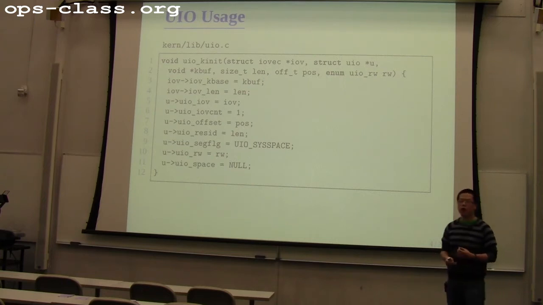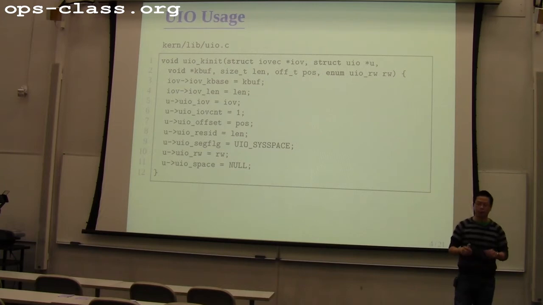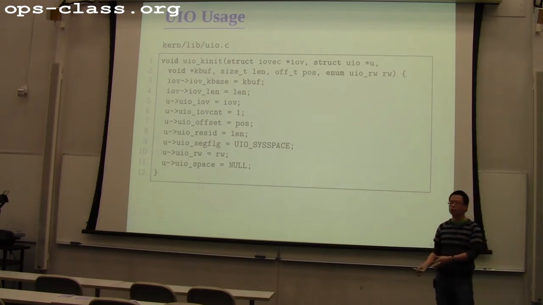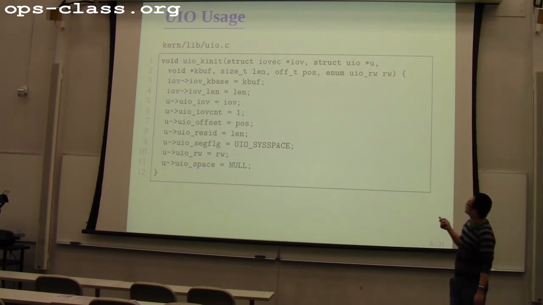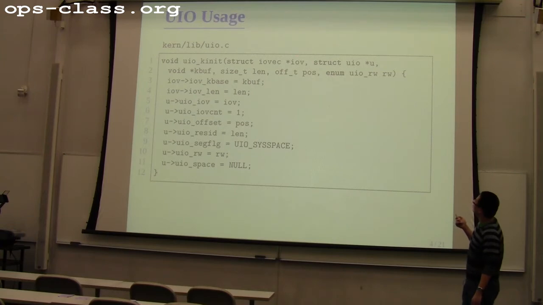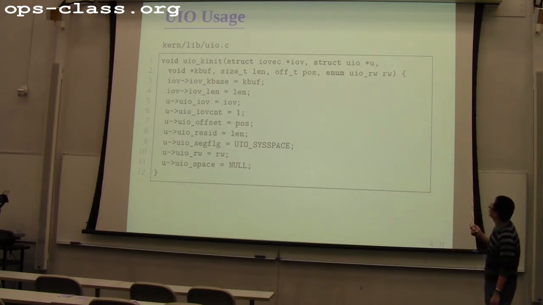By kernel space I/O, I mean from kernel space buffer in memory to disk, or from disk to kernel space buffer. So here we take the I/O vector and UIO structure as argument. We pass in where the buffer is, how much buffer do you have, and on which position we want to read or write from the file, and what kind of operation we want to perform, read or write.